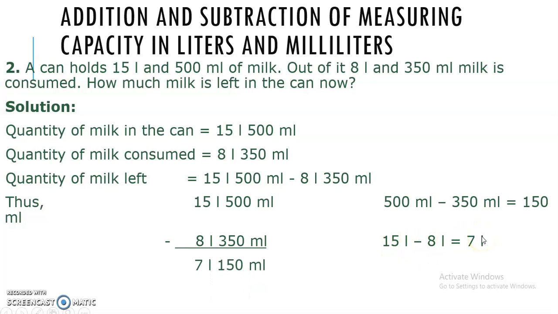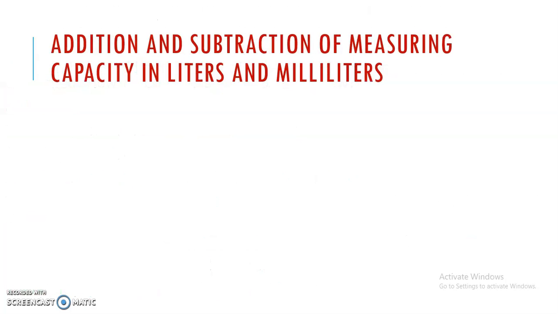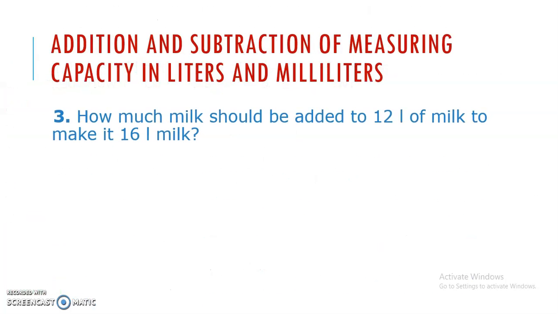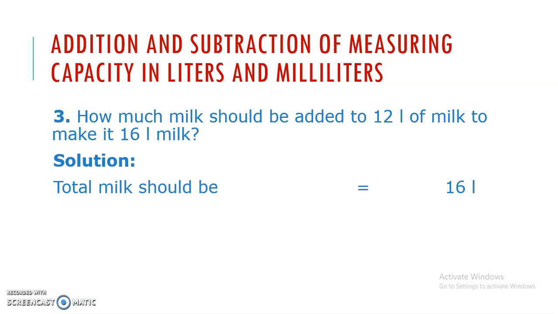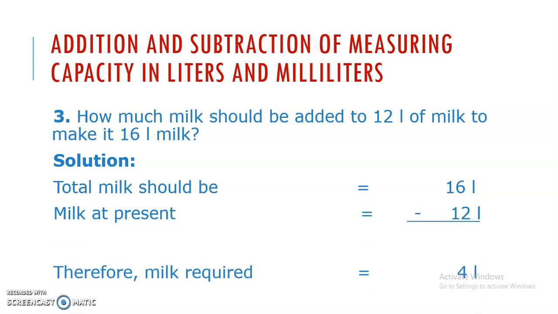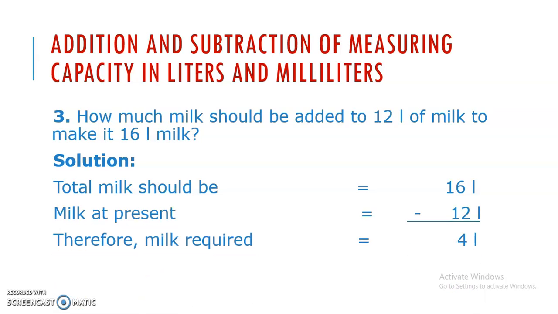That gives us 7 liters, 150 milliliters. Now to another example, simple and short. How much milk should be added to 12 liters of milk to make it 16 liters? Milk that should be added is 16 minus 12, which is simply 4 liters.